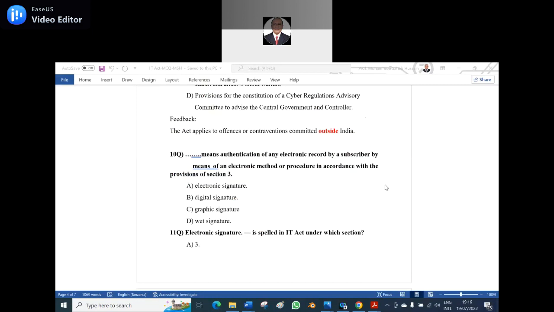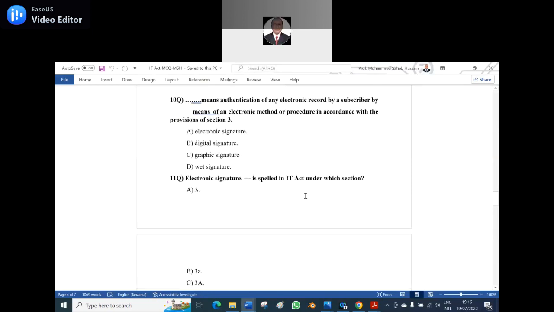The dash option is A, electronic signature, B, digital signature, C, graphic signature, D, wet signature. We dealt very extensively yesterday. I'm sure that you can shoot it. Option B, sir. Digital signature. Yes, because we did it extensively yesterday. That's why I told you that you can easily shoot it. Answer is B, digital signature, for the 10th question.